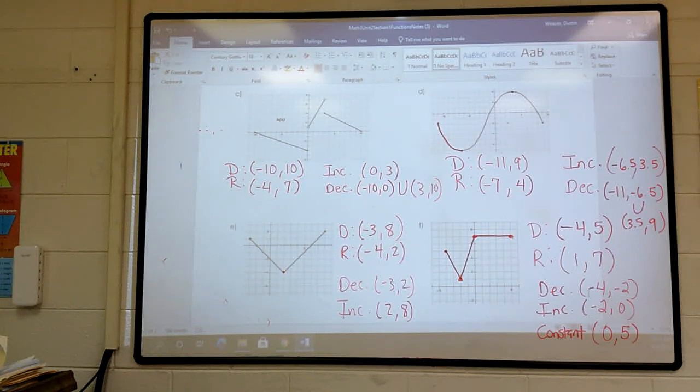Now, what's true, if you notice all four of those are functions, even the other two above. So all 6 of those were functions. They all passed the vertical line test. So each one of them would have been a function. So it does work for that. Okay.